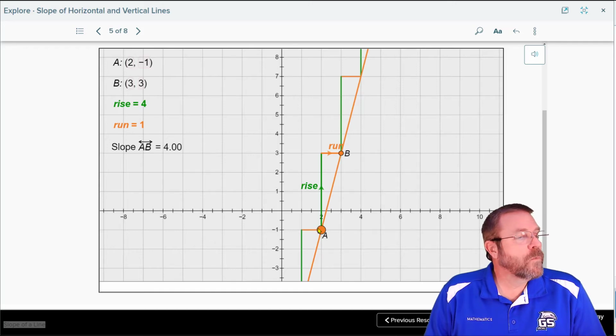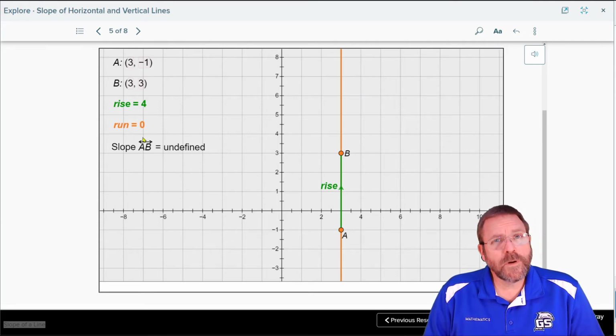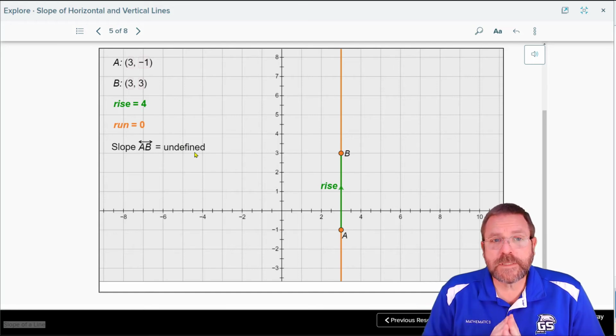Next, when I go one more trip to the right, I get a rise of 4 divided by a run of 0. And you cannot have 4 parts of 0. Therefore, anytime you get a vertical line like that, your answer is going to be undefined. Every vertical graph is going to have the same answer.